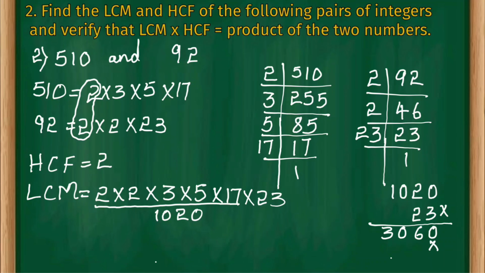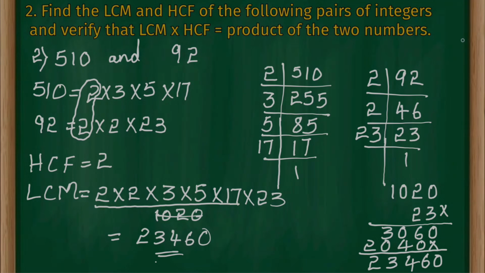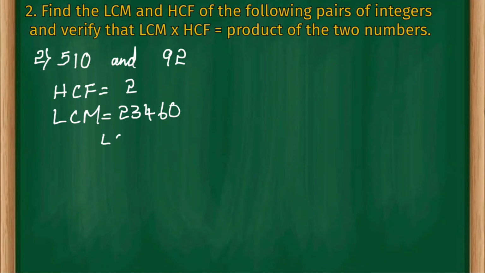In the next line, let us multiply 2 with all the above numbers. 2 zeros are 0, 2 twos are 4, 2 zeros are 0 again, and 2 ones are 2. By adding these two, we will get the answer 0, 6, then 4, 3 plus 0, 3, then 2. So the LCM of 510 and 92 is 23,460. So this is how we can find LCM and HCF of any given numbers.